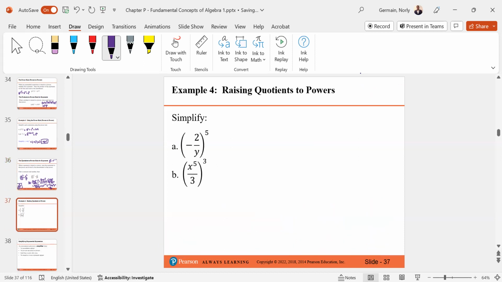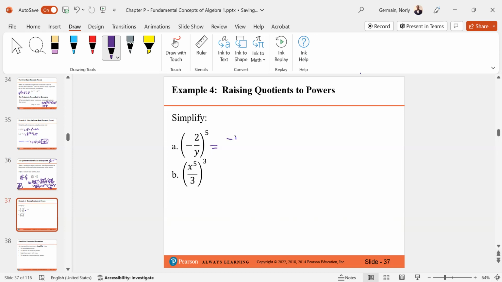All right, so look at these examples. First of all, because both bases are different, the negative, you can decide to put the negative anywhere you want. The negative would be either with the y or with the 2.